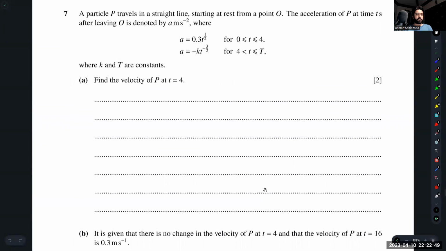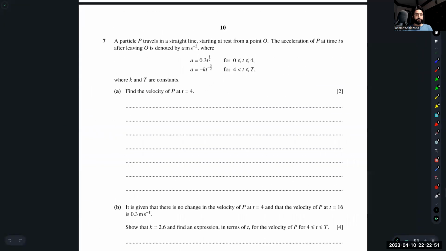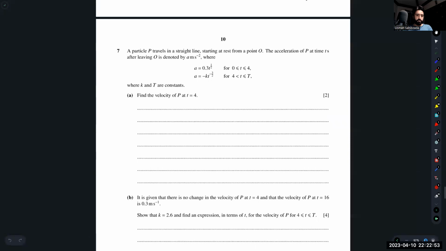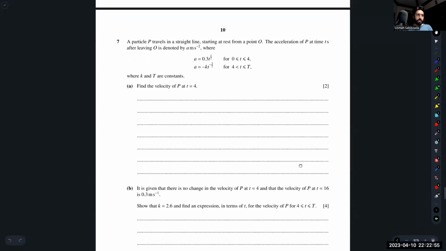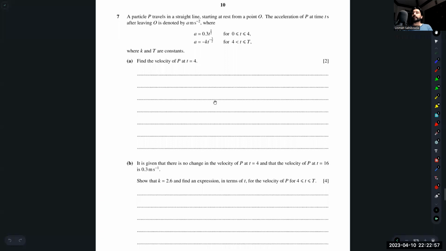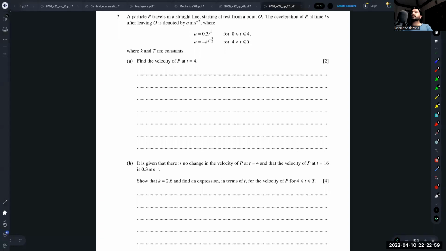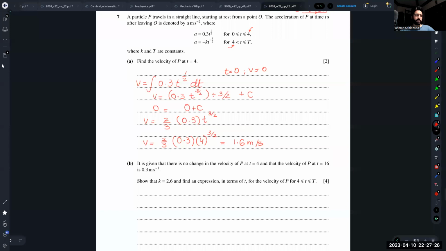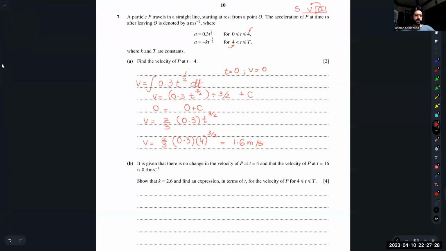A 12 mark question, the last question of one of the latest papers. Okay, so let's try and get this started. Everybody, try a little bit yourself. I'll pause the recording. Use your calculator properly. Your calculator often messes up. Okay? Please make sure your calculator is fine and used correctly.